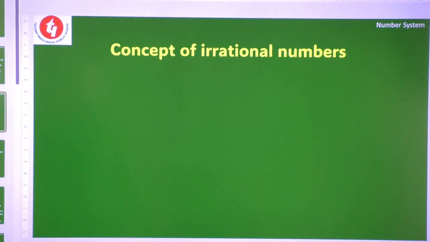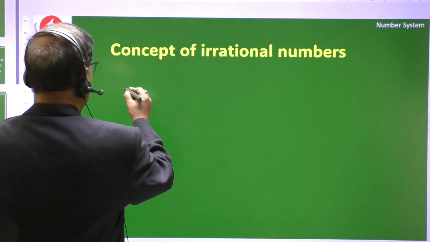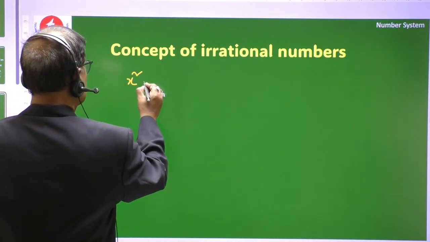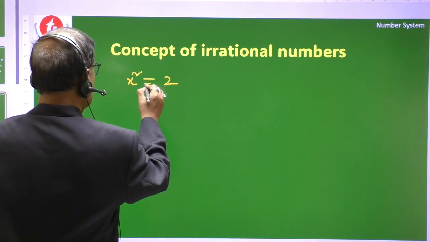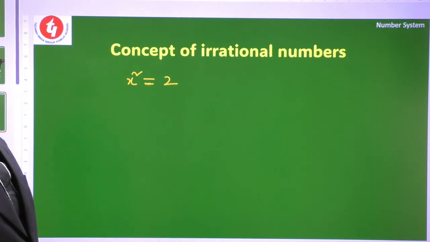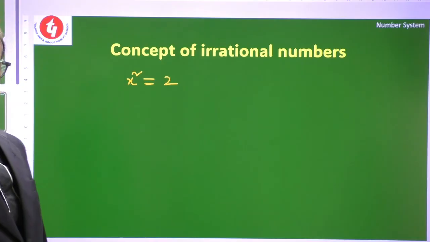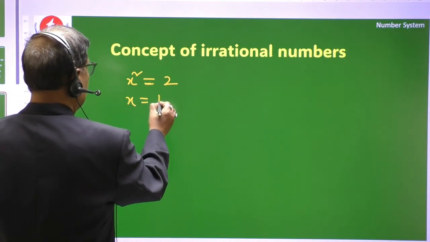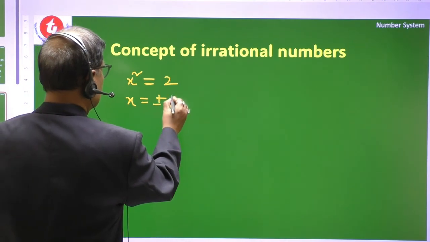Is it clear? But if we solve one equation, say x square equals 2, and if I ask what will be the values of x, then what will you write? x equals plus minus root over 2.